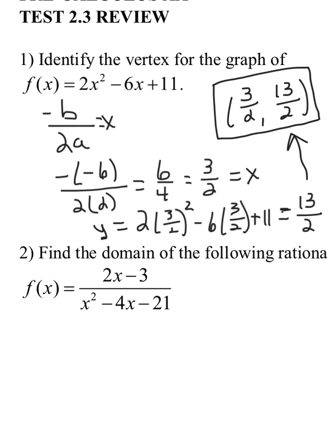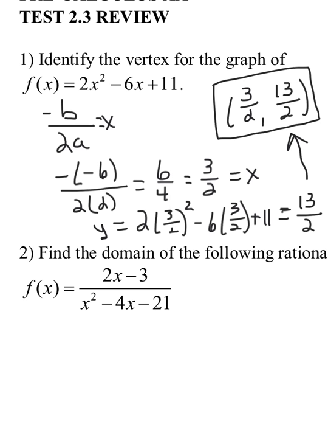What I've done is use this formula right here, which is part of the quadratic formula. I'm just going to use this to find my value for x. It's also the way we can find the axis of symmetry.